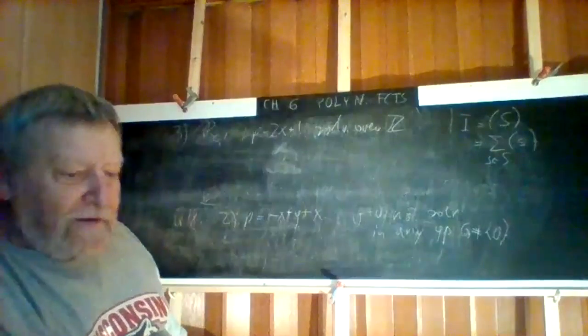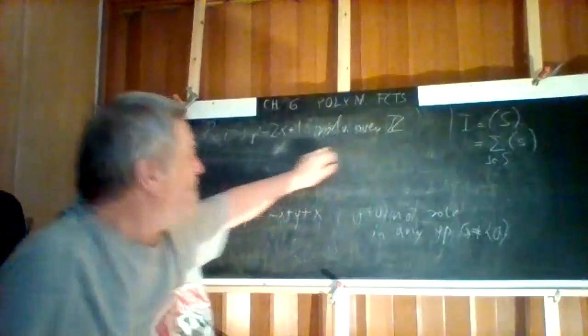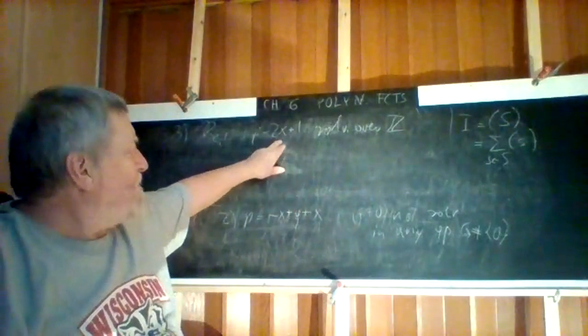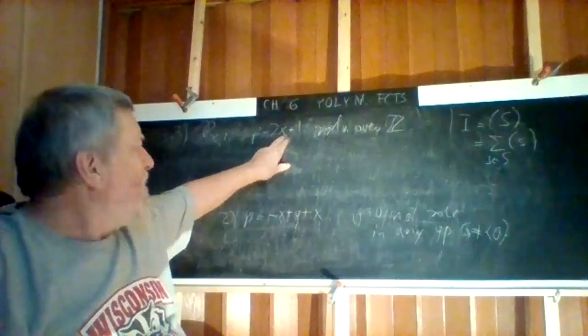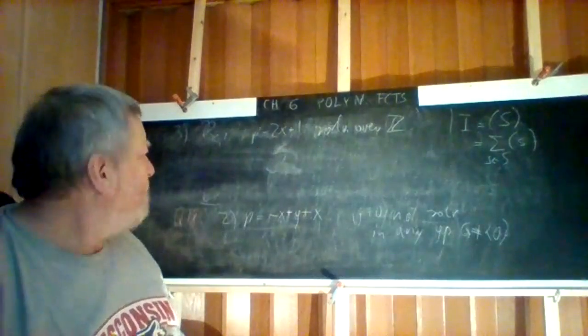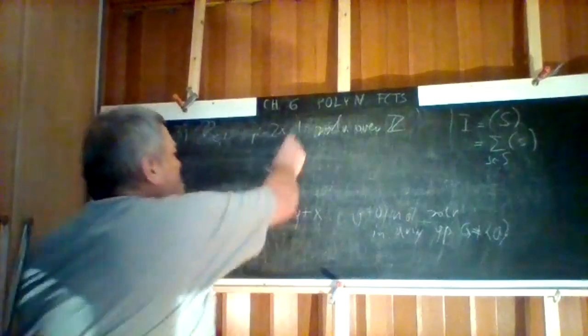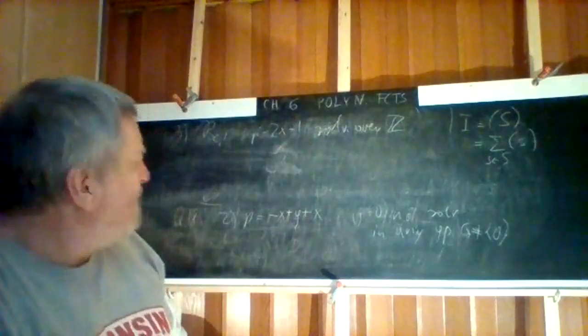But we can say it's solvable over the integers, because we easily find an extension, for instance, the rationals, where this has a root, namely minus 1/2.